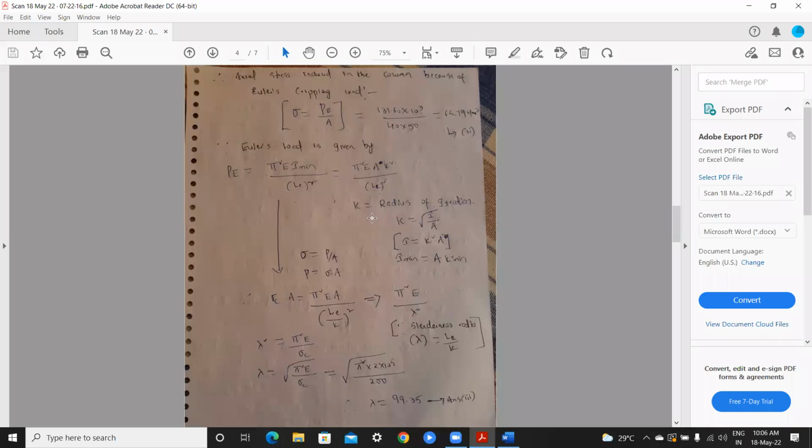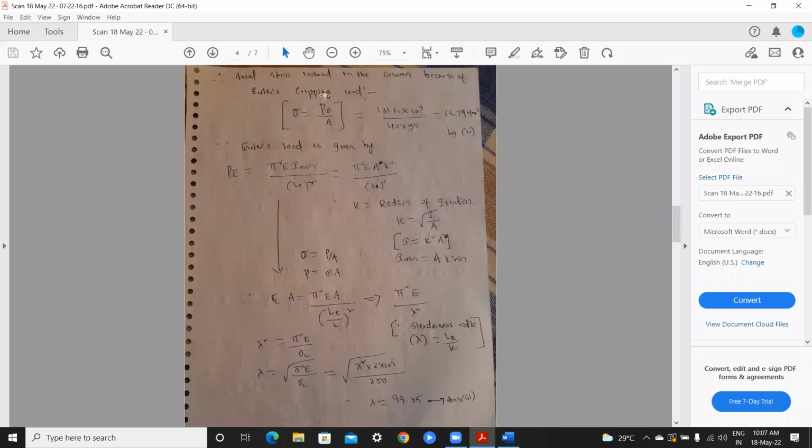Because K is the radius of gyration, K equals under root I by A. From this we can write I equals K square A. As we are calculating for minimum, I minimum is equal to A K square minimum. That's why in the place of I minimum, we write A K square here. So from this formula, now what is PE?